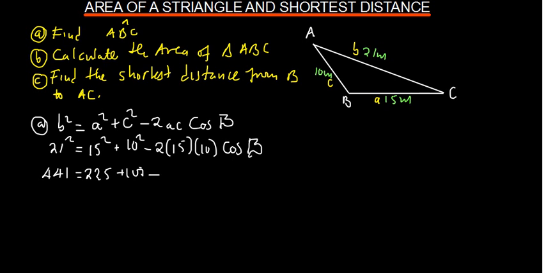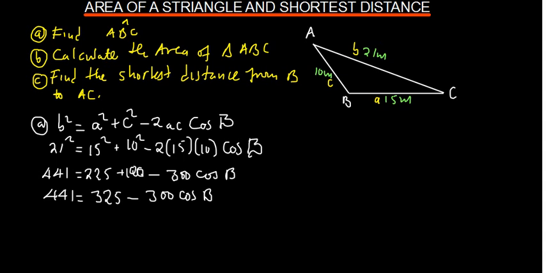Then minus 2 multiplied by 15 is 30, 30 times 10 is 300, and then you have cos B. So this is going to give us 441 equals 225 plus 100, so that's 325, minus 300 cos B.